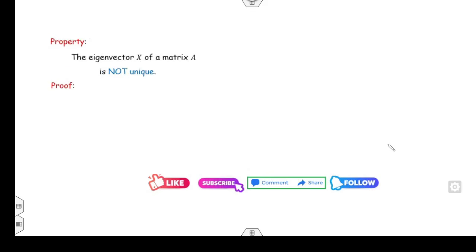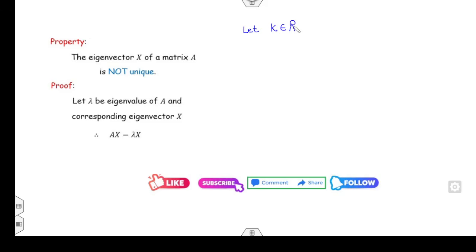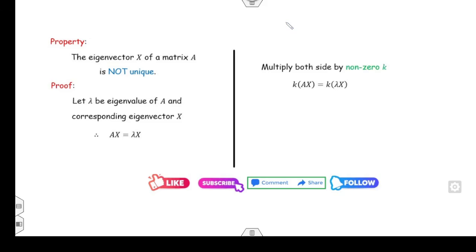Okay, next one is the eigenvector. The eigenvectors are not always unique. If I assume that lambda is the eigenvalue, then Ax is equal to lambda x. Now I can choose any k, a real number, and multiply both sides by k.